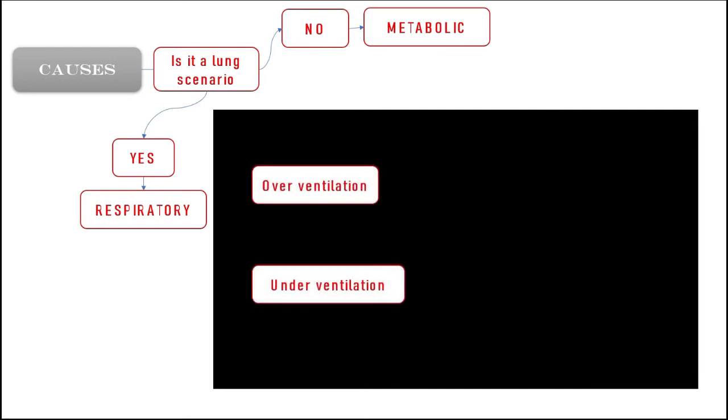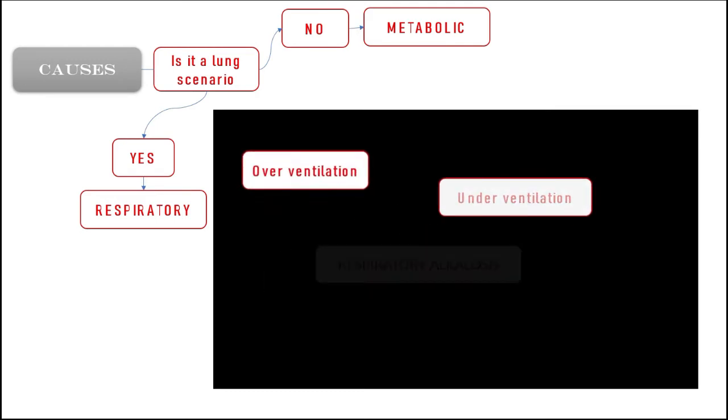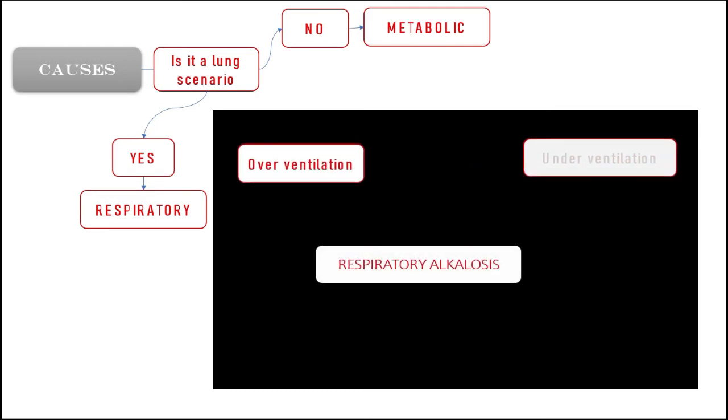Two most important physiological reasons are overventilation and underventilation. Overventilation causes a rapid decline of PCO2 as more carbon dioxide gets flushed through the alveoli. We have learned before that PCO2 should be equated with acid levels.